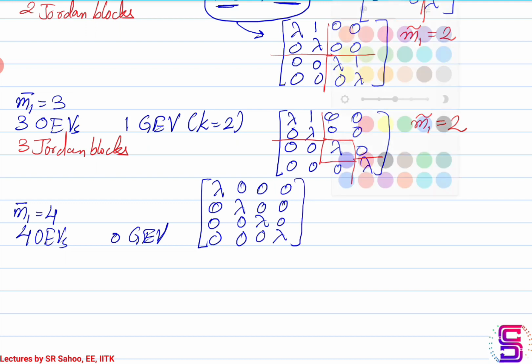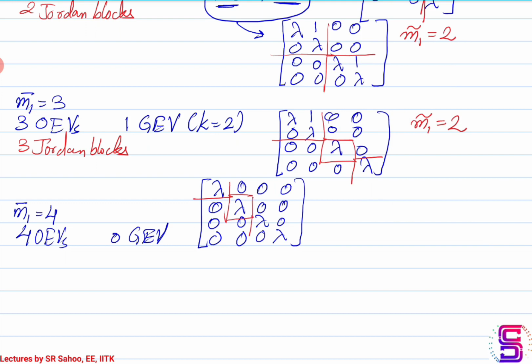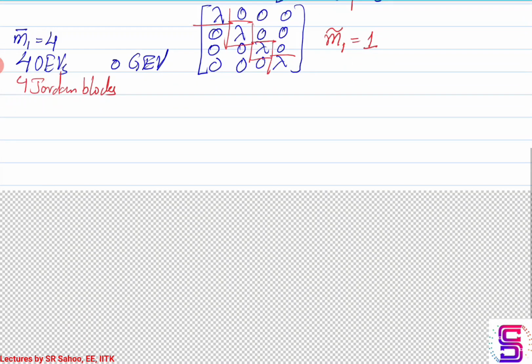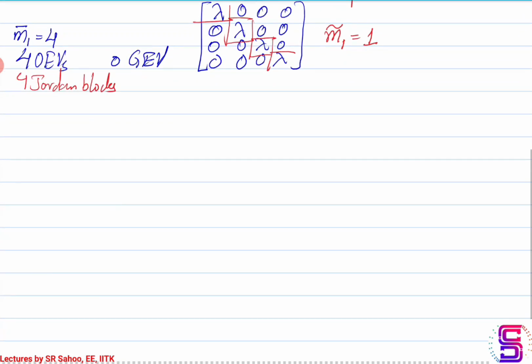The Jordan form is just a diagonal. And how many Jordan blocks do we have? We essentially have 4 Jordan blocks. Okay, so 4 OEVs. Each Jordan block corresponds to a OEV, and the index in this case is 1.